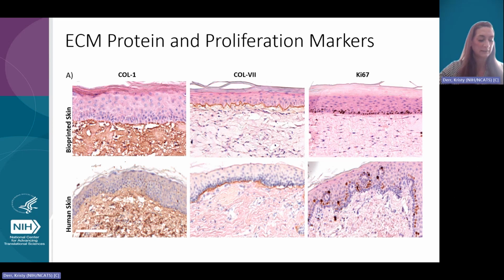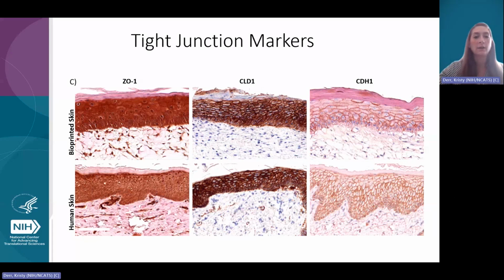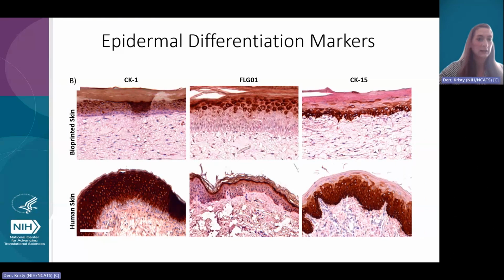Here's some of the ECM protein proliferation markers, different collagens, Ki67, which shows proliferating cells, the tight junction markers that are found within the epidermis, and lastly, the epidermal differentiation markers, and you can see the stain highlights the different layers of the epidermis.